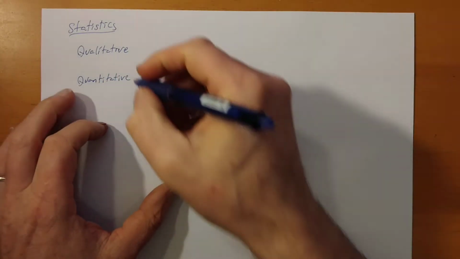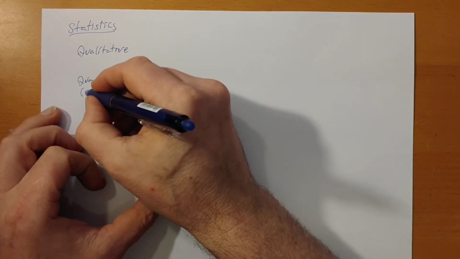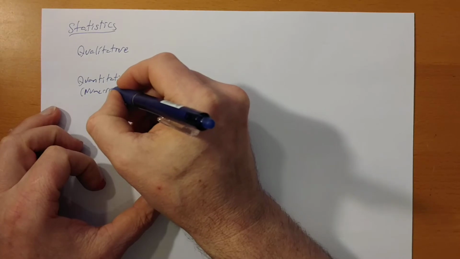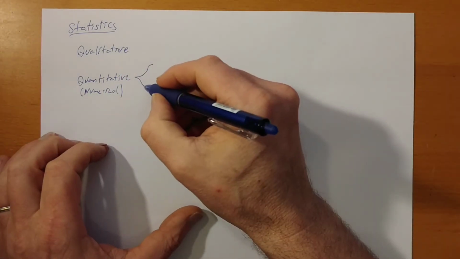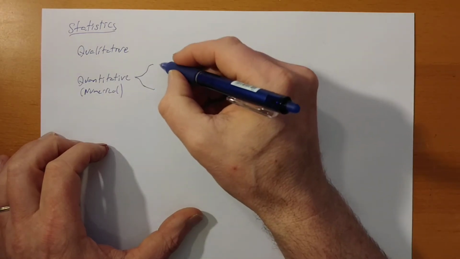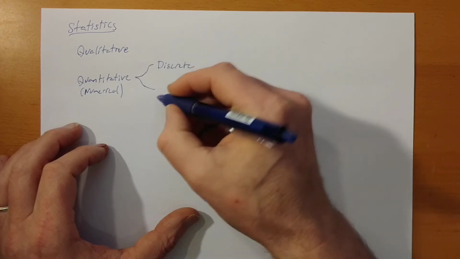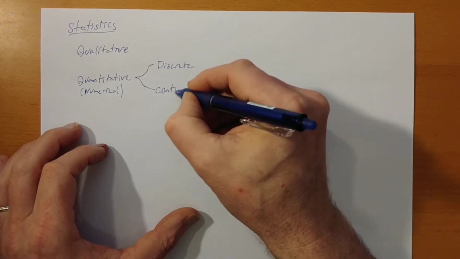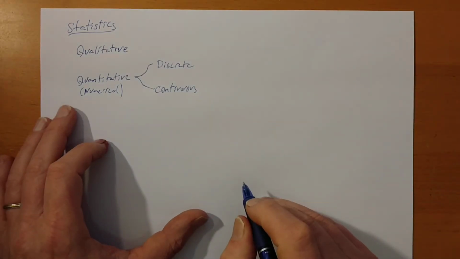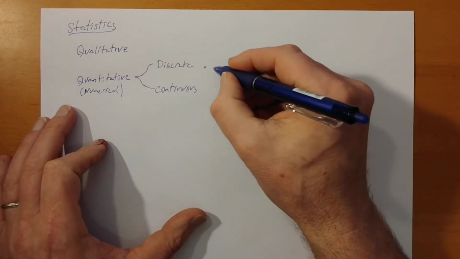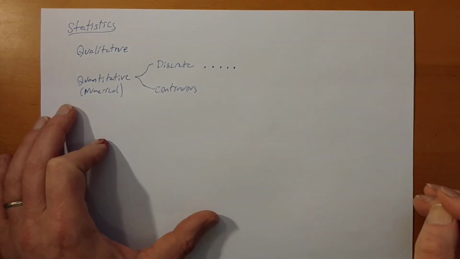Quantitative data, which by the way is also often called numerical, we will split into two different types. But we will talk about that a little bit. Quantitative data can basically be split in two types: the discrete type and the continuous type. The discrete type is something that has a bunch of different possible values and not the values in between.